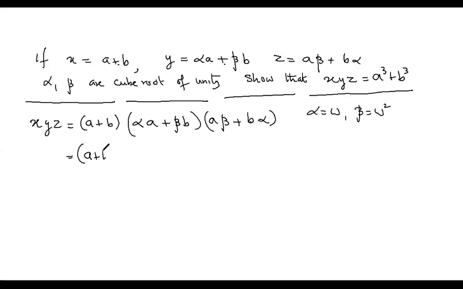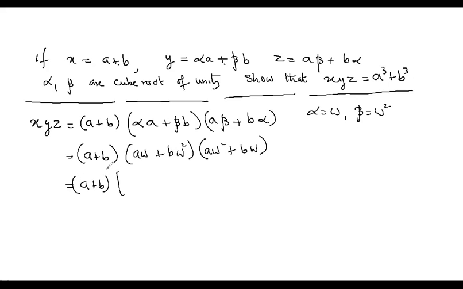Let this a plus b remain like that only. So a into omega plus b into omega square, then a into omega square plus b into omega. Sorry, I made a mistake there. So what you can do? We will expand this. You could have taken common, but we may expand.